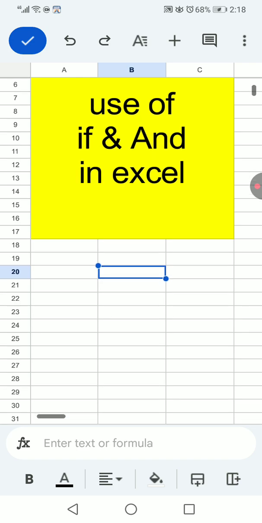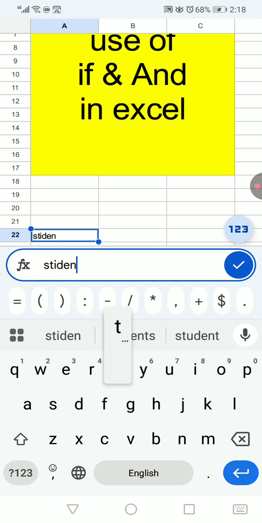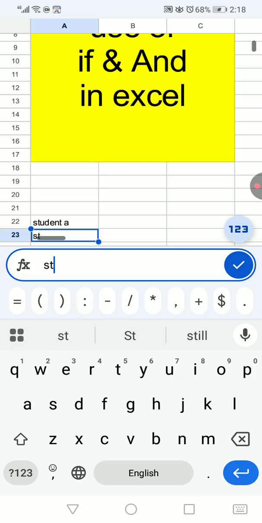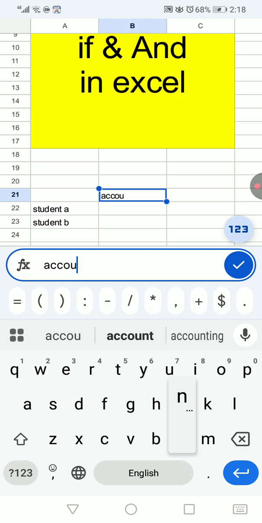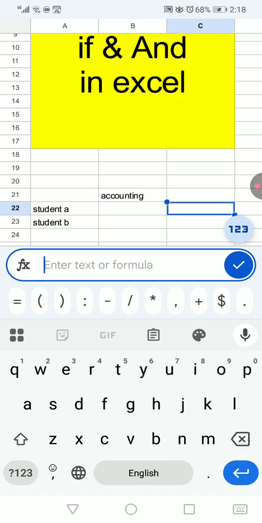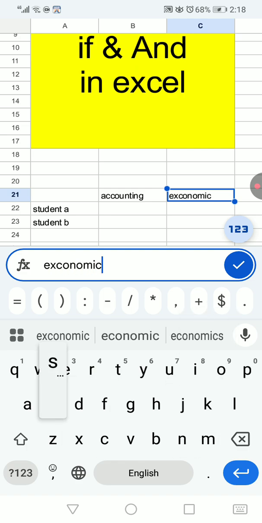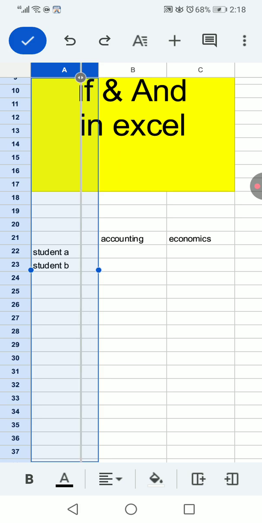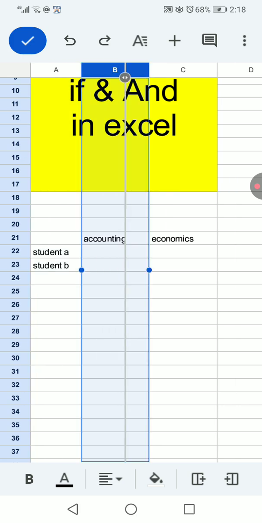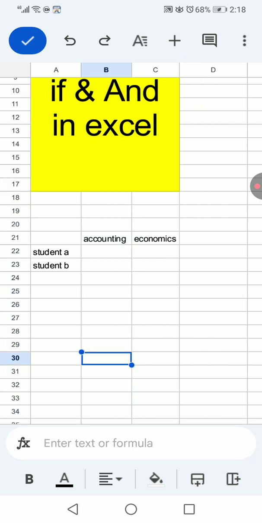To understand it, let's have a few students. This is student A, then we have student B. Their subjects, suppose accounting is their first subject and economics their second subject, and now they have got some marks. We are trying to understand how we will use IF and AND.